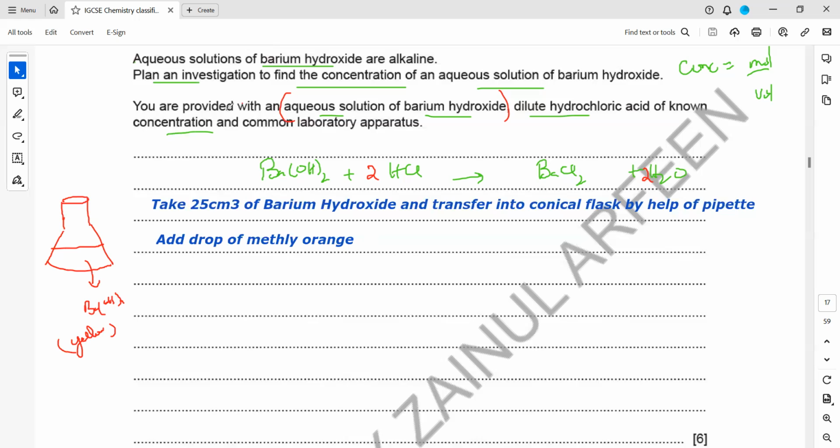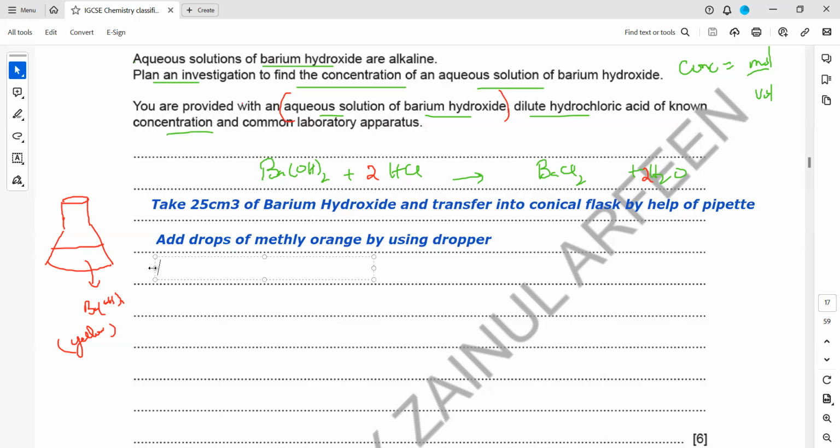When the solution becomes neutral, it will be orange. You have to learn the colors for indicators. So add drops of methyl orange, and how can we add that? By using a dropper or a teat pipette.